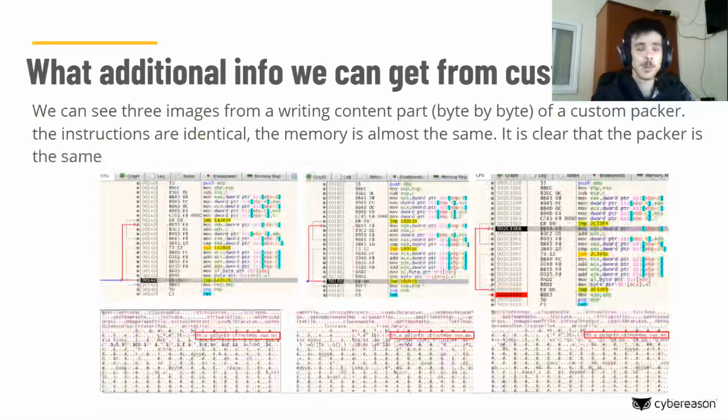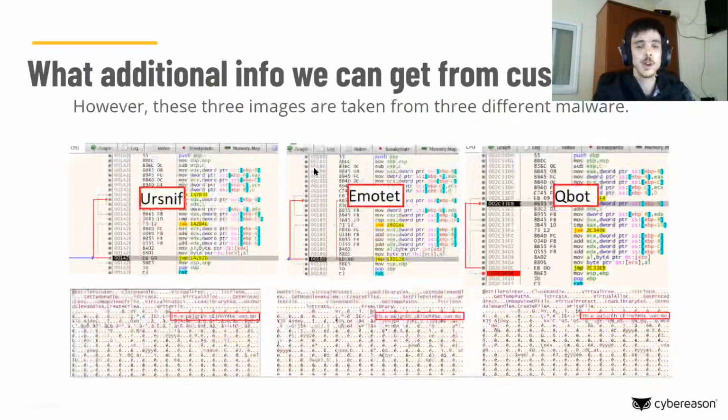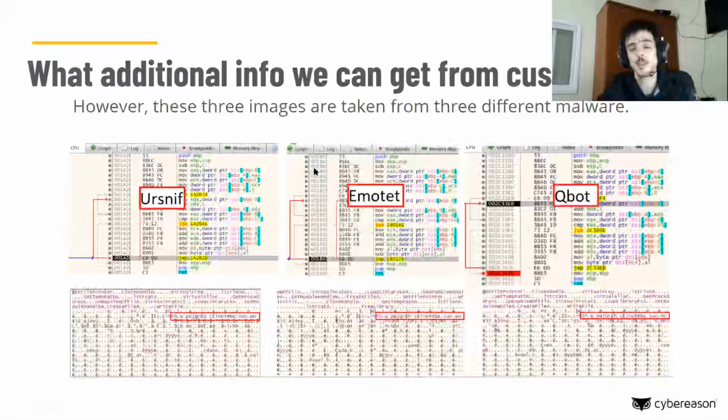But when I investigated these 3 malware, the fact was that although the custom packer was the same, the payload was not the same. One of them delivered the Ursnif banking Trojan, one delivered the Qakbot banking Trojan and loader, and another one delivered the Emotet threat loader and botnet.